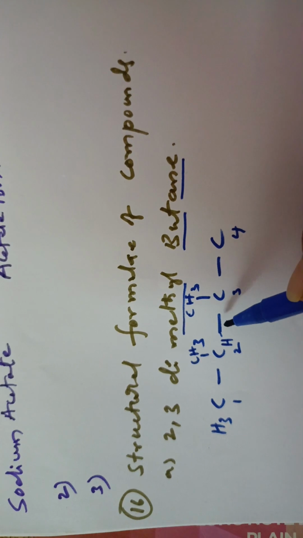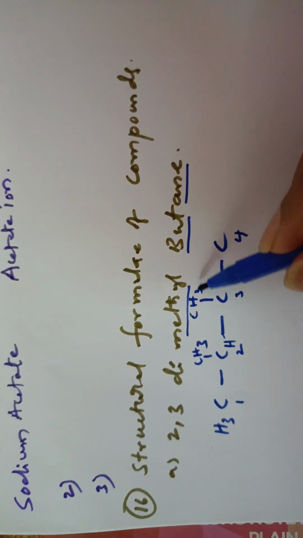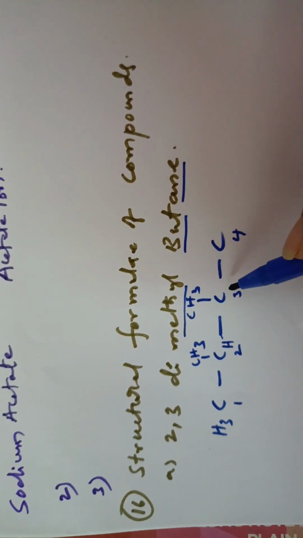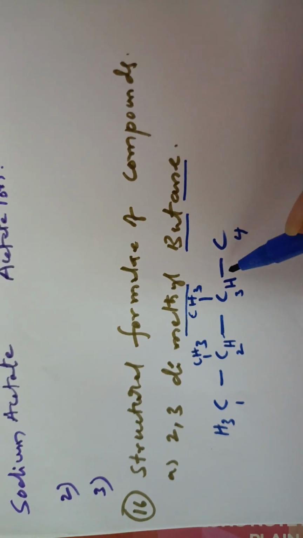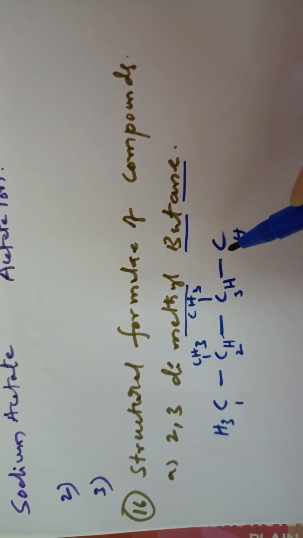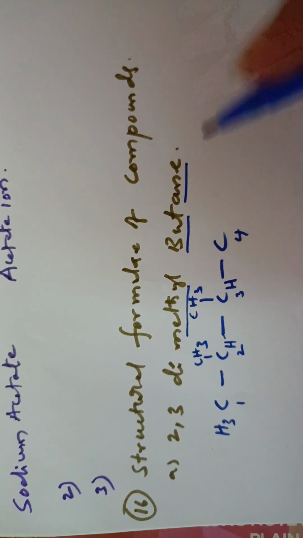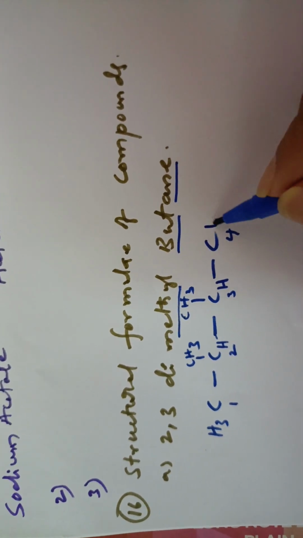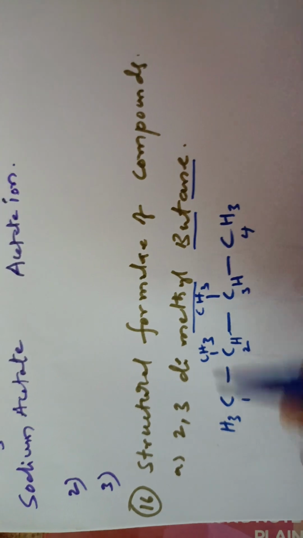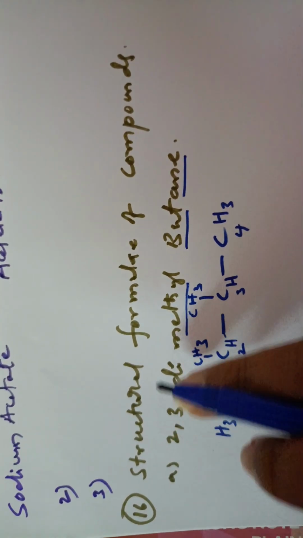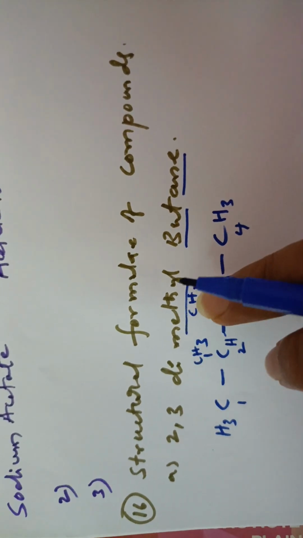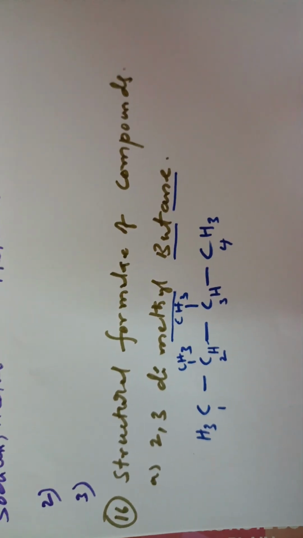Here carbon 1, 2, 3: 3 bonds it has and 1 more bond with a hydrogen atom. And here carbon has a single bond, so still it requires 3 bonds, those 3 bonds with 3 hydrogen atoms. So simply this is the structural formula for this IUPAC name, 2,3-dimethyl-butane. Okay.